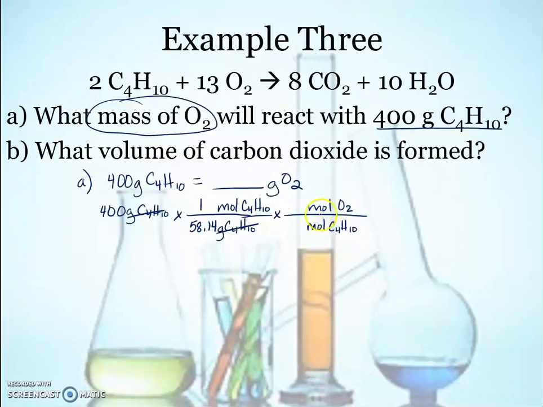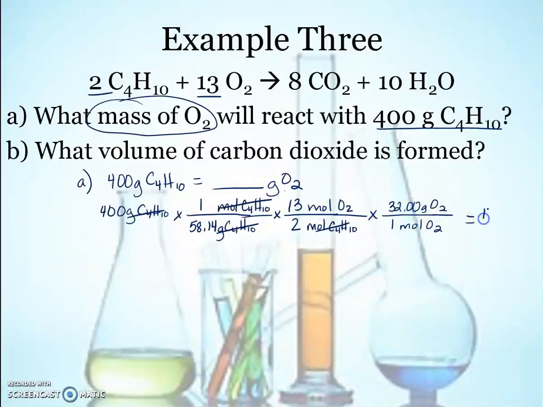Okay, this is where my mole ratio comes from. 13 is in front of O2 and 2 is in front of C4H10. All right, but we want grams, so we're going to keep going, right? 1 mole of O2 is equal to 32.00 grams of O2. Okay, and now because our units match up with what we want, we can stop and do our math.